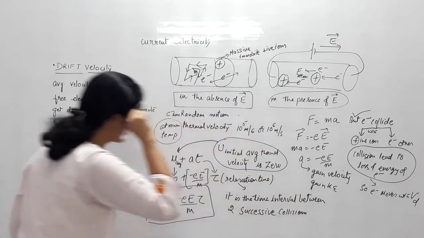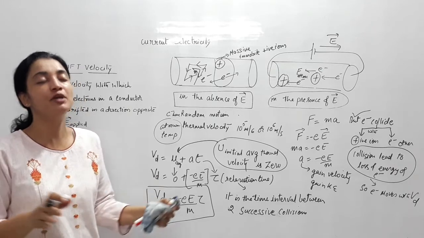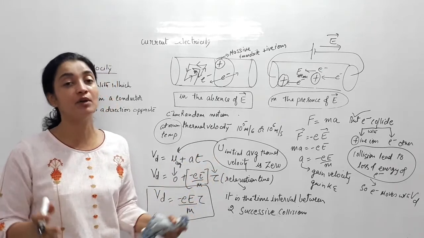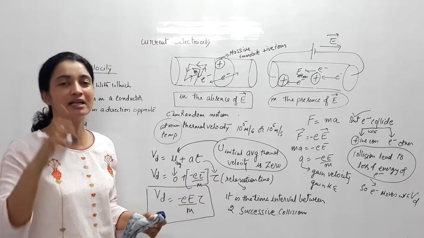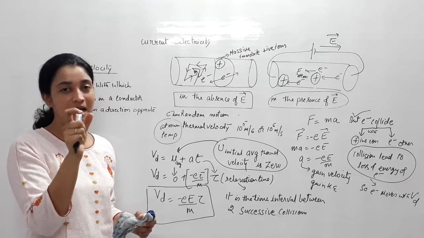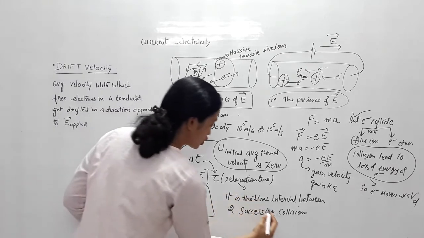It is the time interval between any two successive collisions, or you can say it is the time in which the electron relaxes. Relaxation time means the time in which the electron is in relaxed state without collision. It is the time gap between the first collision and the next collision. The time interval between two successive collisions is relaxation time.